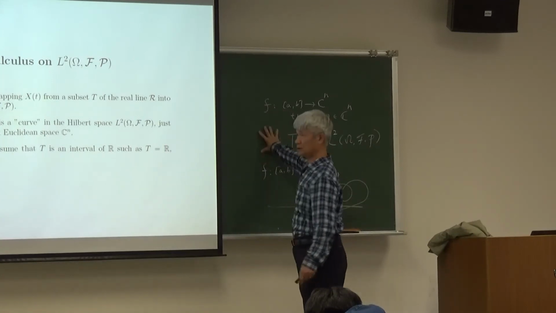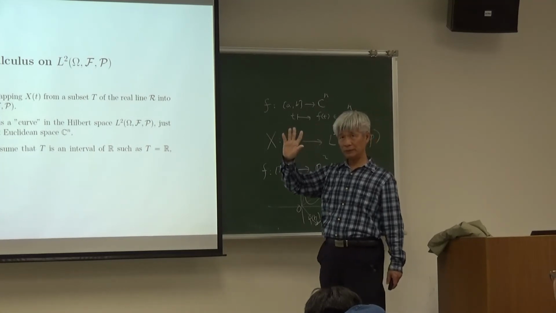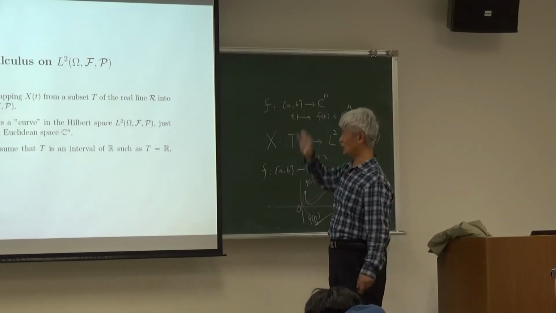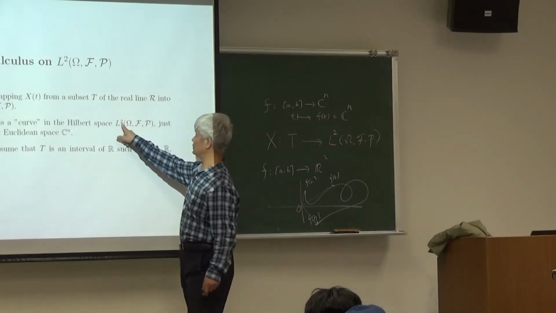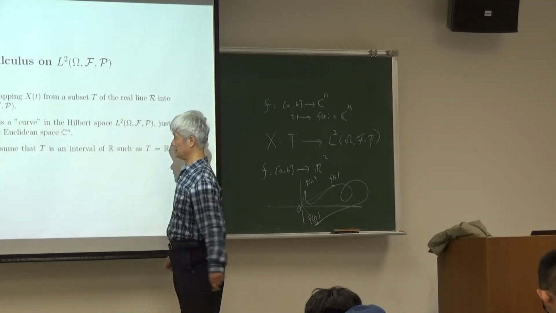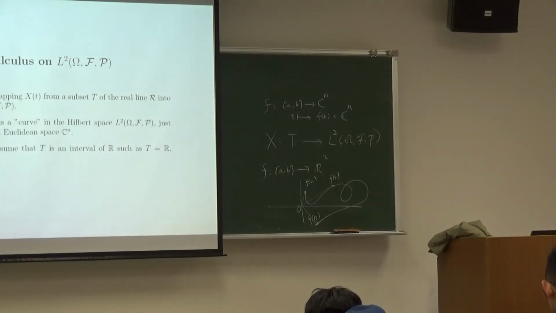So now a stochastic process, when the parameter can be interpreted as the time parameter, is just like a dynamics, or a curve in the Hilbert space, the L2 space, just like a curve in a complex Euclidean space. So this is the picture: we have a curve. A second order random process is just like a curve in an L2 space.